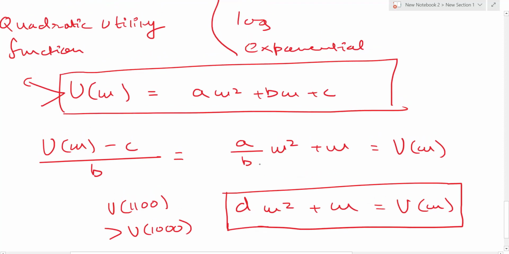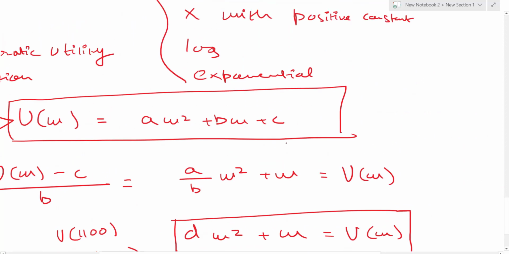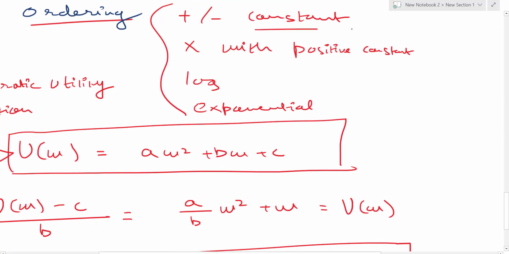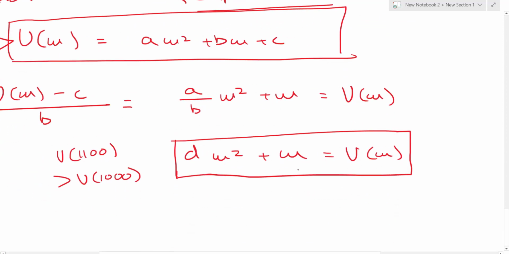So the preference ordering is preserved even if I apply a monotonic transformation, like adding or subtracting a constant, multiplying by a positive constant, taking a logarithm, or putting the function into the power of an exponential. You have to believe me on this one, and this is the utility function we'll be dealing with now.